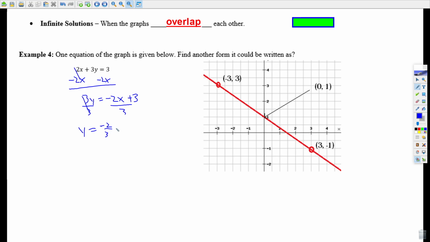Negative 2 over 3x plus 3 divided by 3 is 1. So it is possible that you could have this original here and this new one as a system. So the question could say, what if we had 2x plus 3y equals 3, and the other equation was y equals negative 2/3 x plus 1.